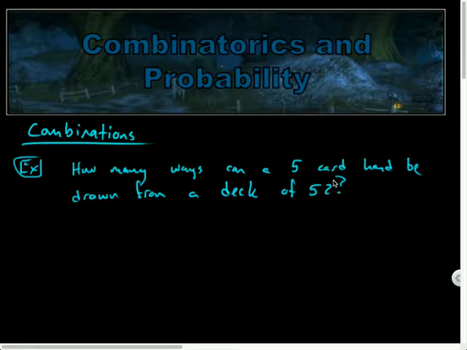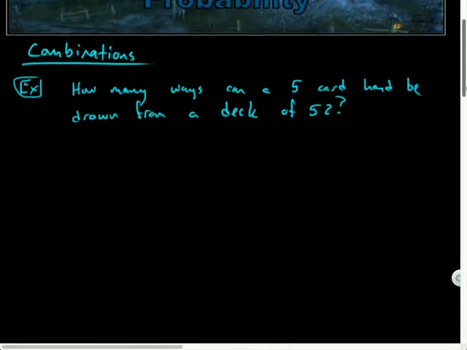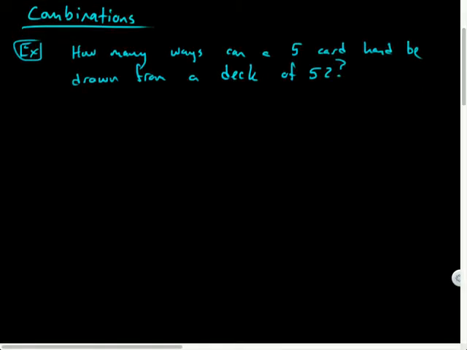Now the order that I'm doing this wouldn't actually matter, because if I have a straight flush, that's the same as a straight flush with the same cards in a different arrangement. I'm going to take those cards and put them back into the correct order. So the order that I drew those cards doesn't matter to me, just that I have those cards. So order doesn't matter is the key idea here. Order doesn't matter.